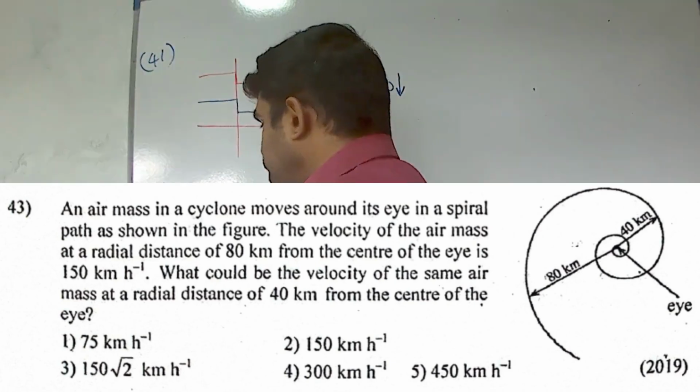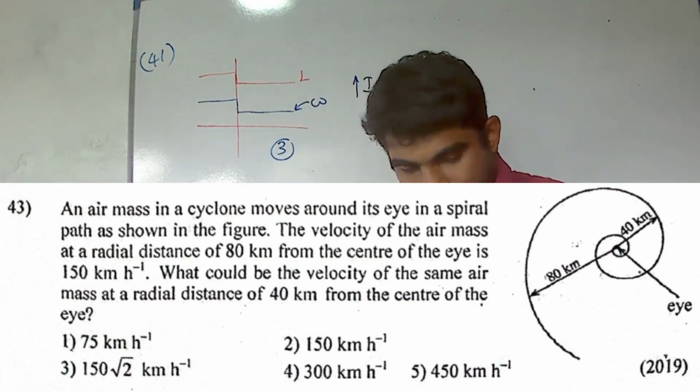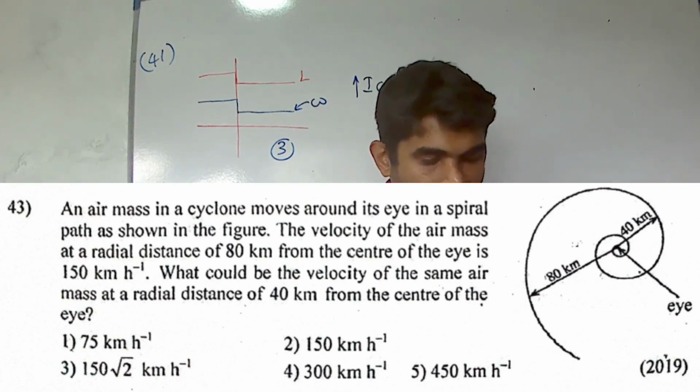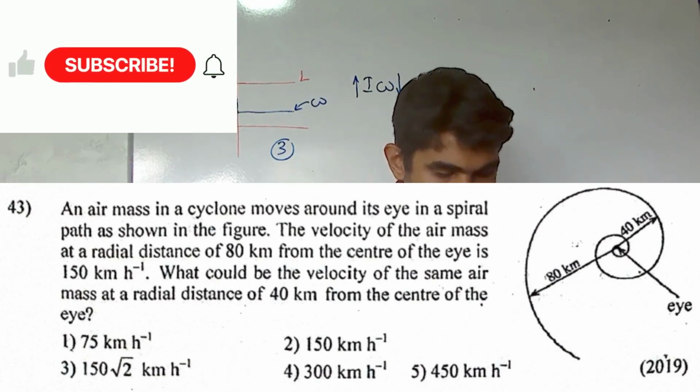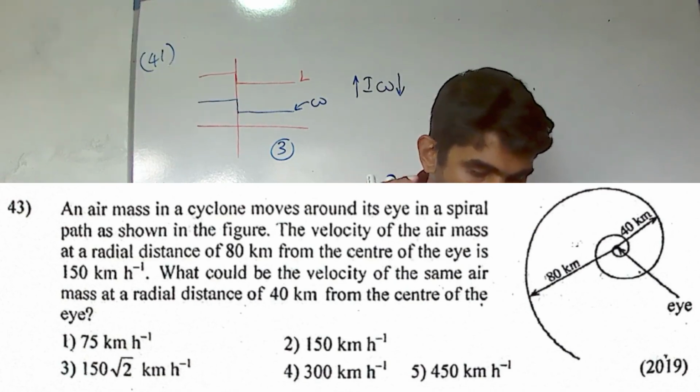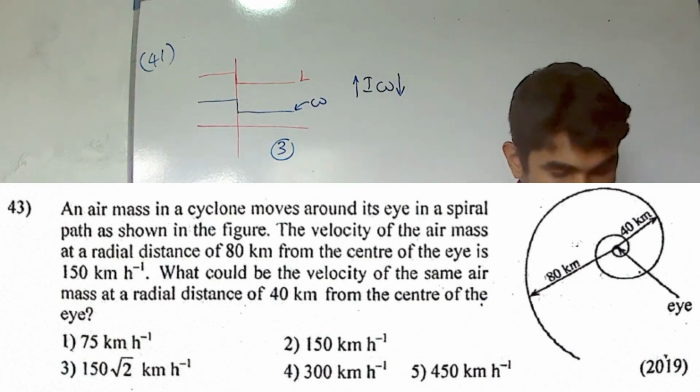Then 43. An air mass in a cyclone moves around its eye in a spiral path as shown in the figure. The velocity of the air mass at a radial distance of 80 kilometers from the center of the eye is 150 kilometers per hour.